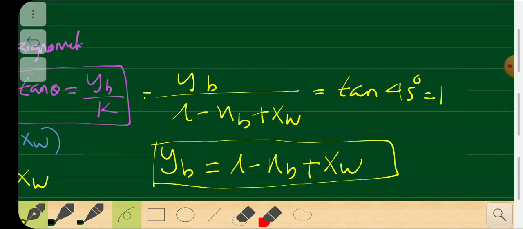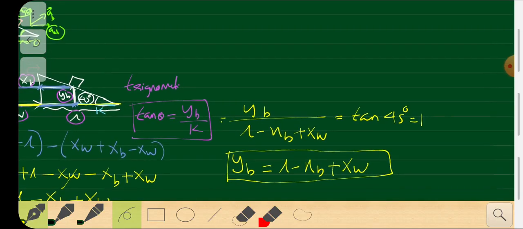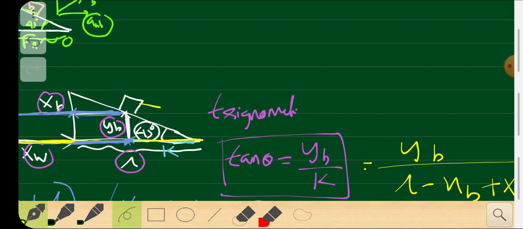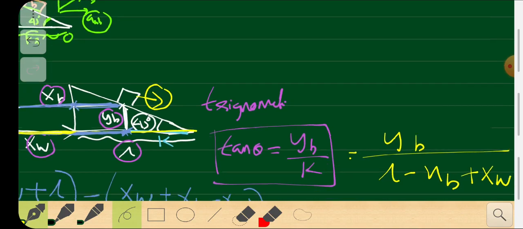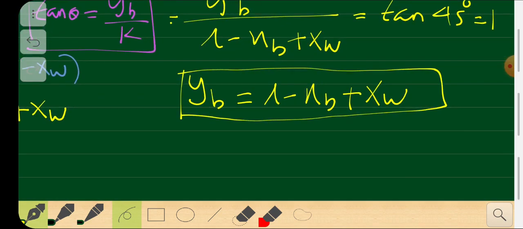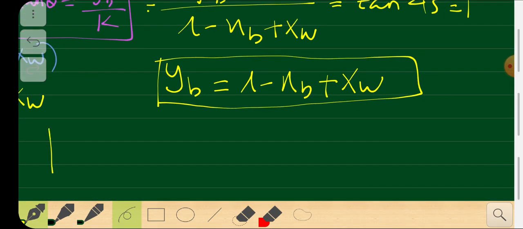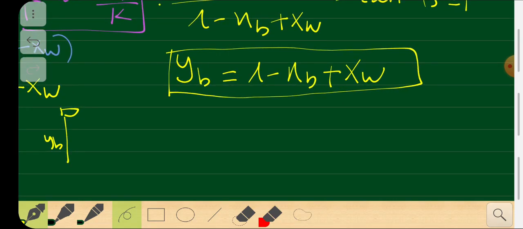Now why I did that is that I need to find out the acceleration. The acceleration of this box is my interested component. So we have the distance here: yb is the distance where the box is, and xb is the distance of the box.